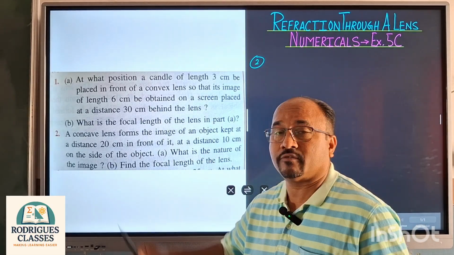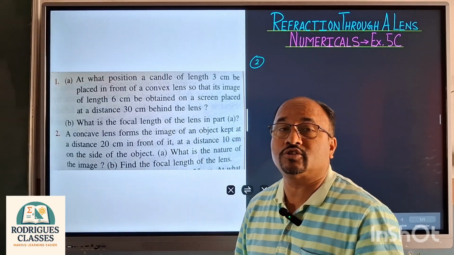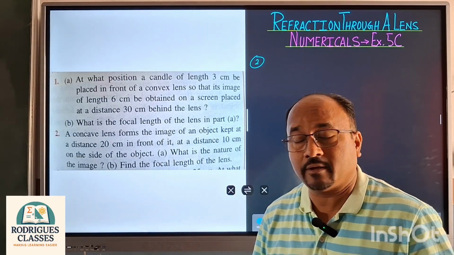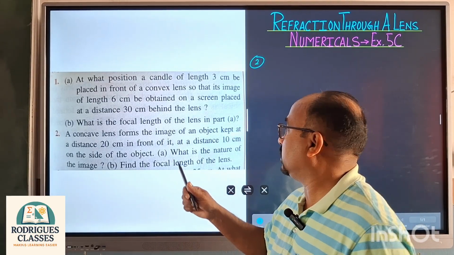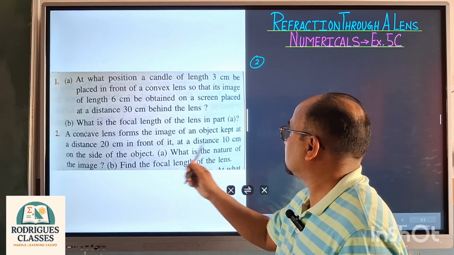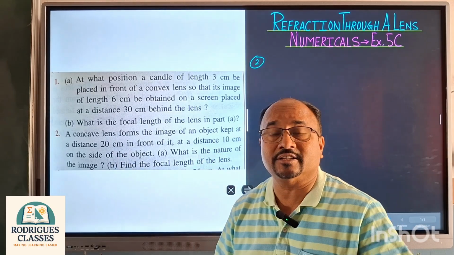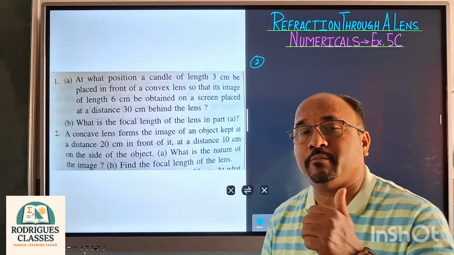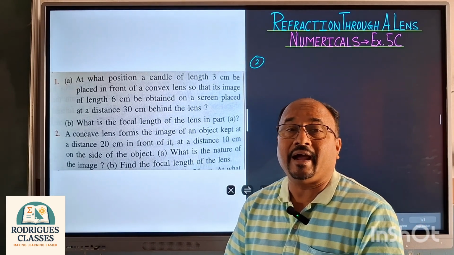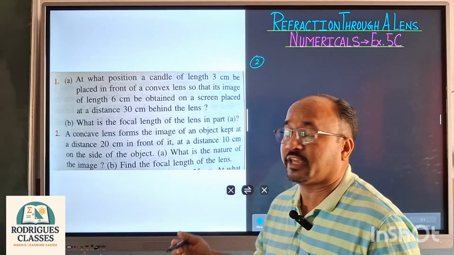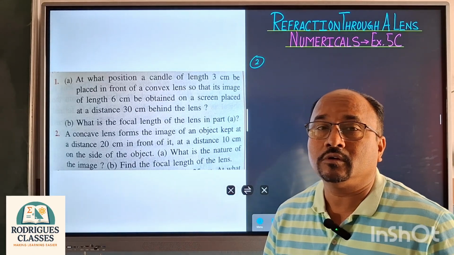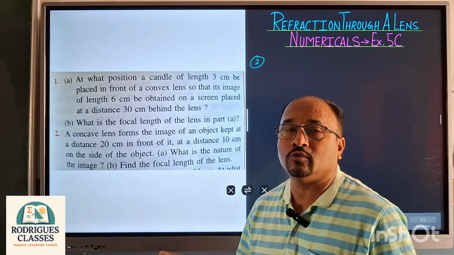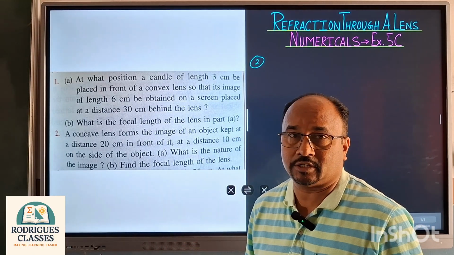What is the nature of the image? Already told, virtual image will be formed. Okay, let us take a look here. The distance here is 10 and there it is 20. Whenever a virtual image is formed, you know it will be erect. Okay, and if we find the magnification by doing V by U, okay, you will come to know that it will be diminished.